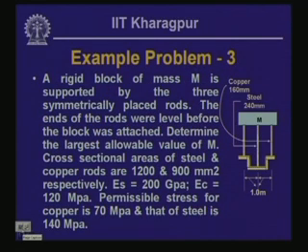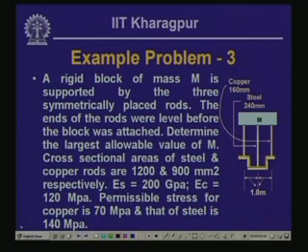Well, let us look into another example where a rigid block of mass m is supported by 3 symmetrically placed rods, and the ends of the rods were level before the block was attached. They were at the same level. Now, you will have to determine the largest allowable value of m that this bar can carry.